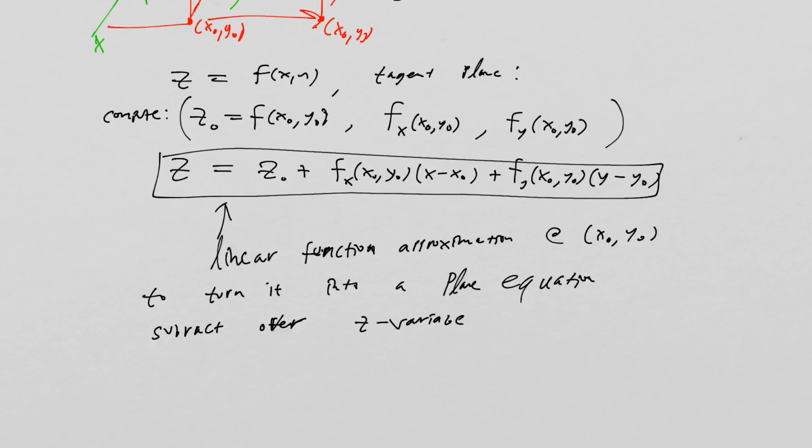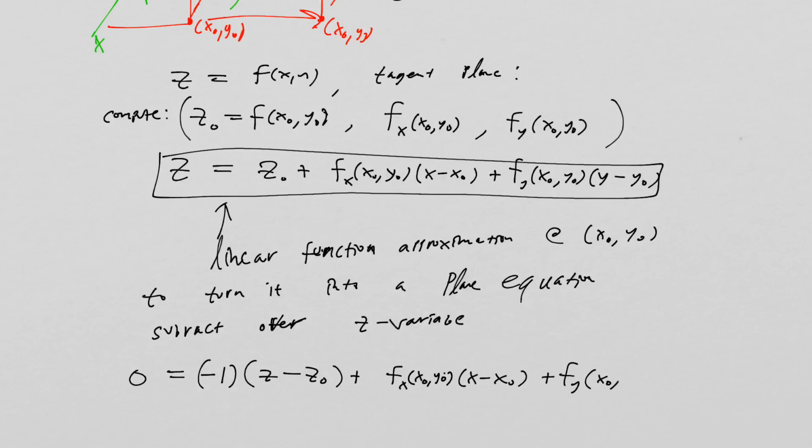So what we have here is 0 is equal to minus 1 times z minus z naught, plus f_x of x naught, y naught times x minus x naught, plus f_y of x naught, y naught times y minus y naught.